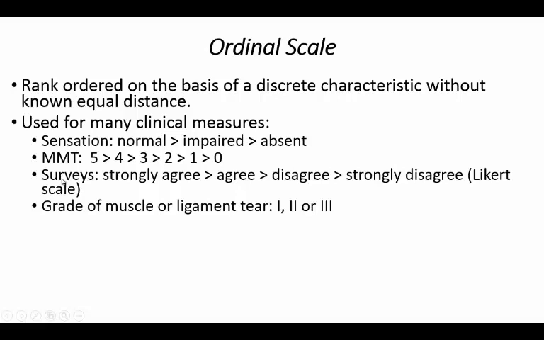In many surveys, and I don't know how much you study surveys or do surveys, a question will give you a statement. For example, I like this course, and then you will have strongly agree, or agree, or disagree, which means I don't like this course, or strongly disagree, which means I hate this course.